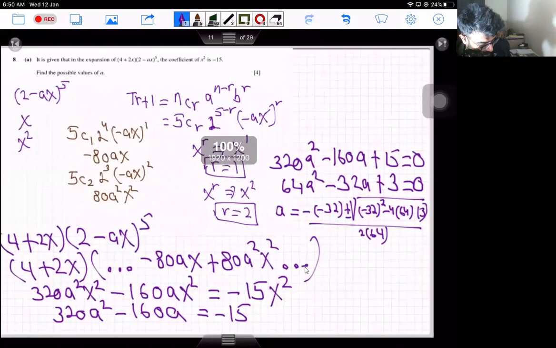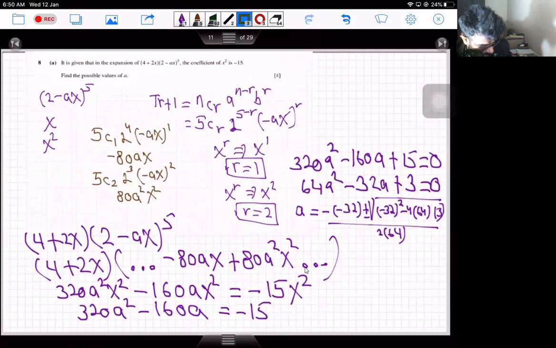Okay, so a equals, I'm continuing it over here, a equals 32 plus minus under root of minus 32 squared minus 4 times 64 times 3. This is 256, so under root of 256 is actually 16. So 32 plus minus 16 divided by 128.